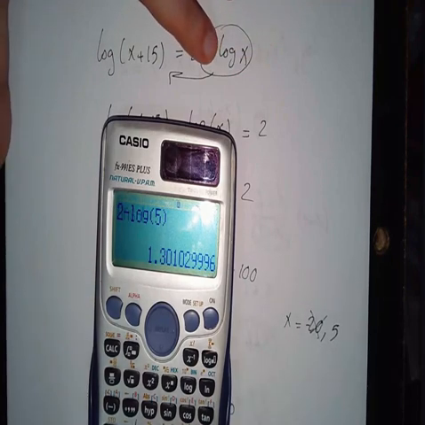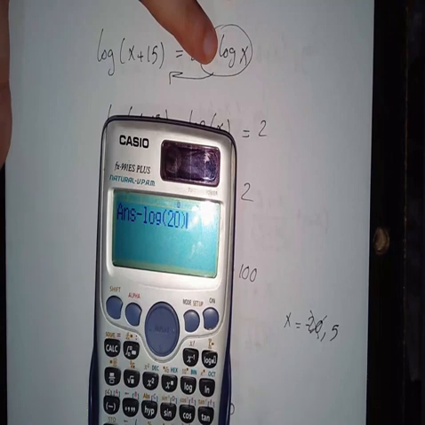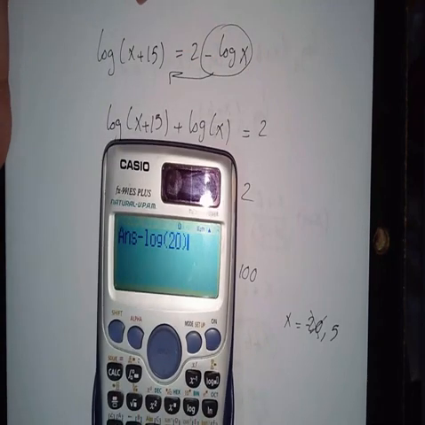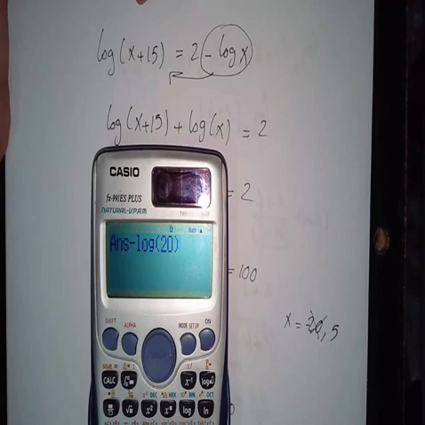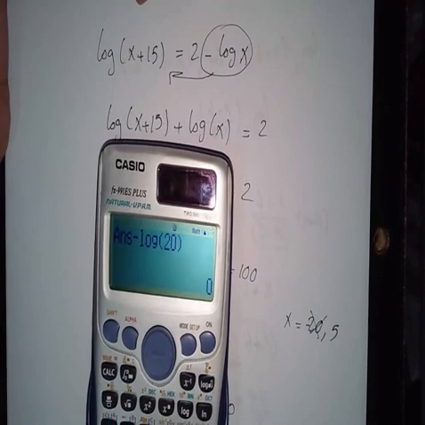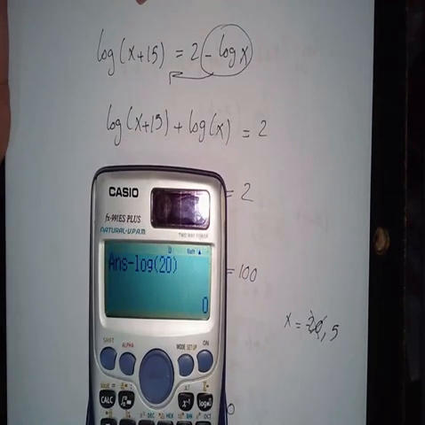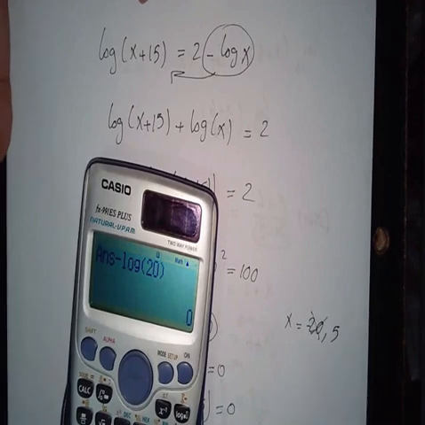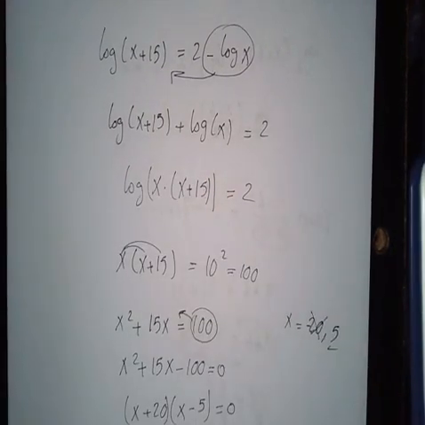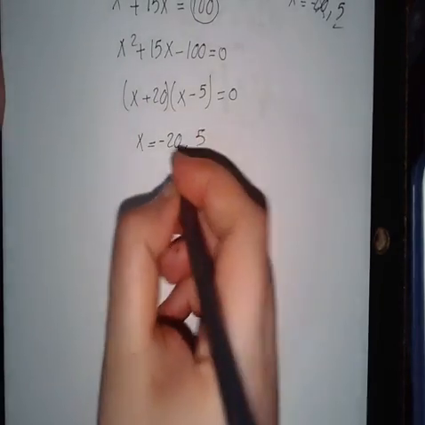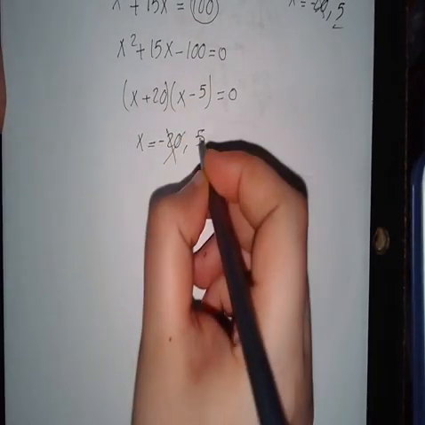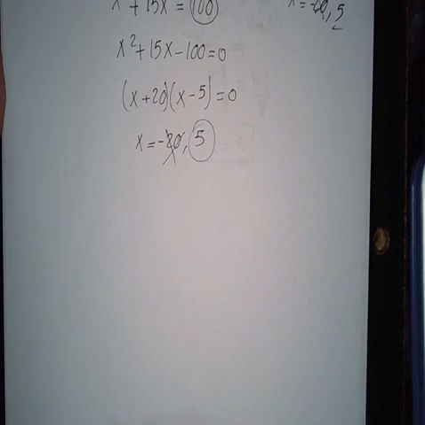Now, minus log of 20. If both these sides are the same, the subtraction between the two is supposed to give you 0. Yeah? So 5 checks out. 5's okay. So even though the question gave you 2 answers, negative 20 was not an acceptable solution, but 5 was.